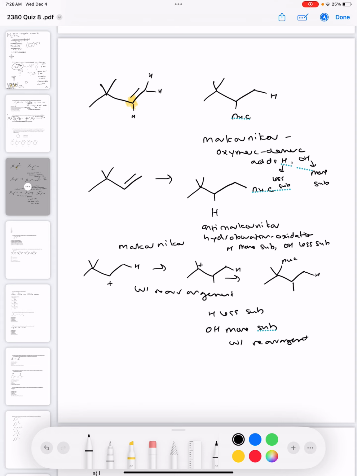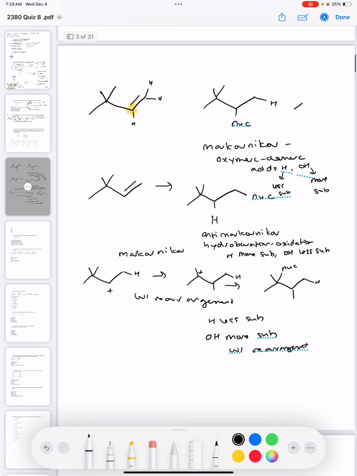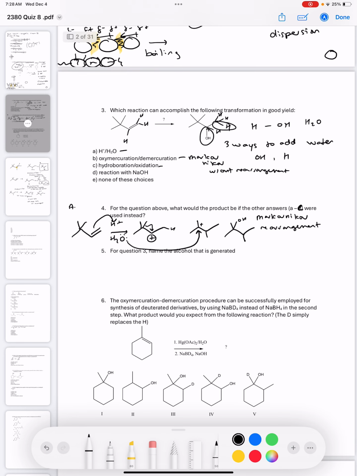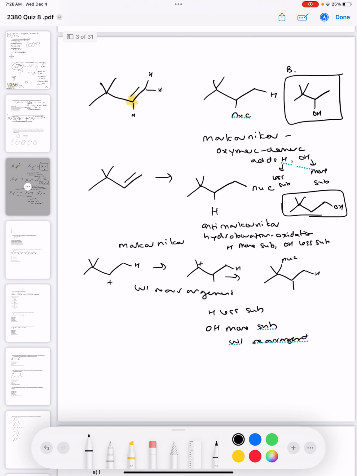So for all of these we know that the OH is the nucleophile. This would be the product if we used oxymercuration-demercuration. This would be the product if we used hydroboration oxidation. So this is for answer choice B, I think. This would be for C. Yeah, this is for answer choice C if we use hydroboration oxidation.